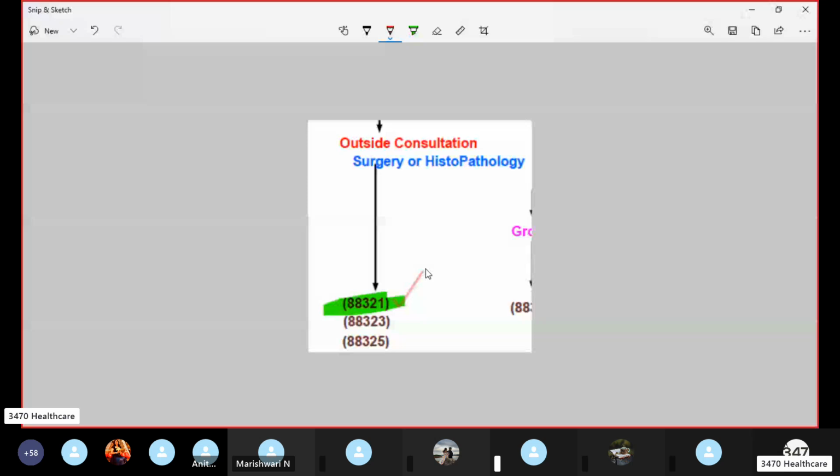Okay, 88321, 323, and 325. 88325 is when, along with that, he reviews the patient history, medical record, and specimen. Only raw sample, slide-prepared specimen received, and doing consultation means 88321. Need to prepare slide means 88323. Along with that, reviewing the patient history, medical record, and specimen is 88325.